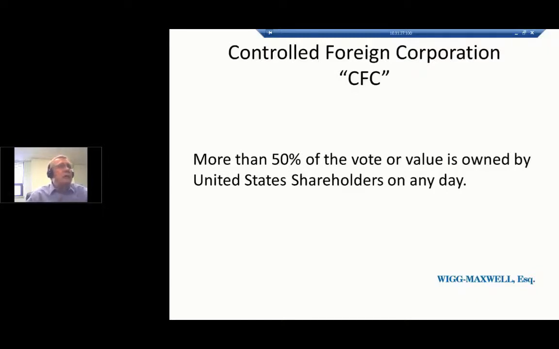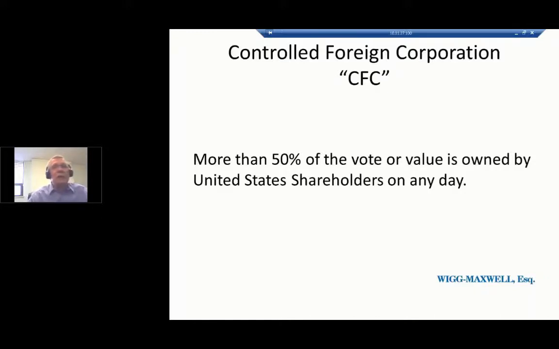Who does have to file the 5471? Well, let's look first at whether or not we have a controlled foreign corporation. A controlled foreign corporation is a corporation where more than 50% of the vote or value is owned by United States shareholders on any given day. Notice that test is more than 50%.